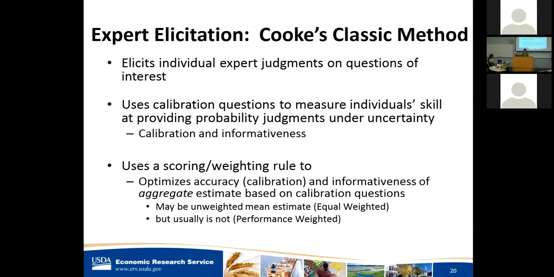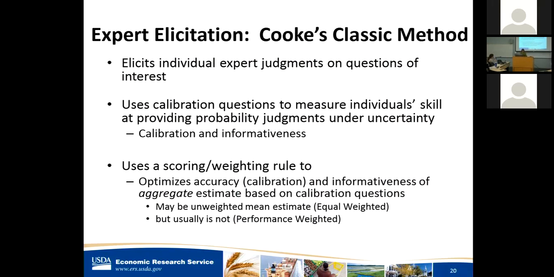What he has done is develop a method to measure those biases and then optimize the aggregate across the group. We measure them using a set of calibration questions that I'll talk about in a moment. Then we use the responses to those to mathematically optimize a joint distribution based on multiple experts.